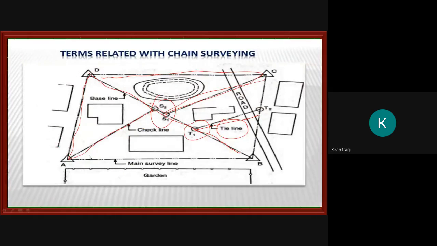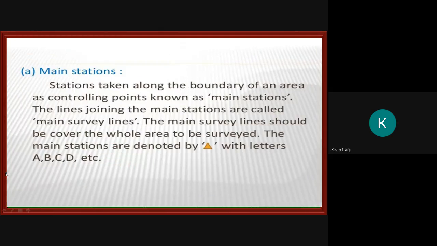See here: main stations, subsidiary stations, and tie stations. First, we will go for the main station. Stations taken along the boundary of an area as controlling points. Most important thing, it is the controlling point.